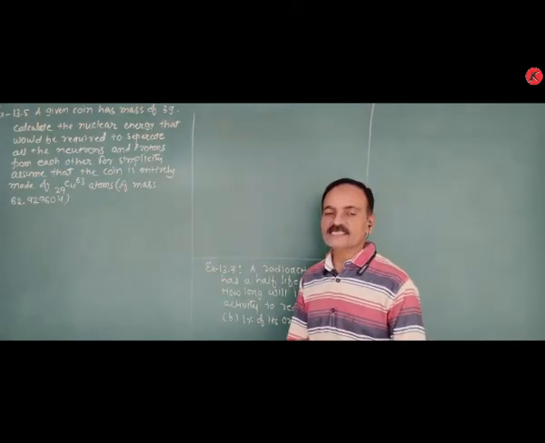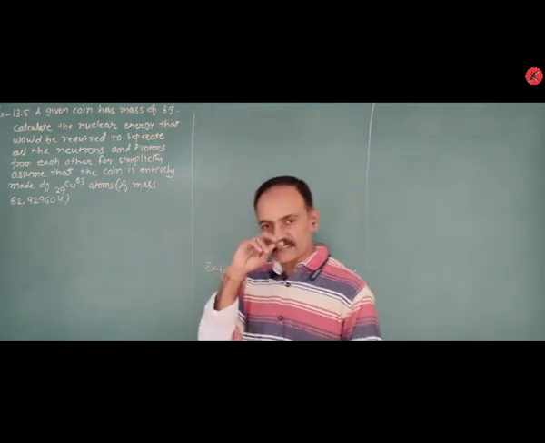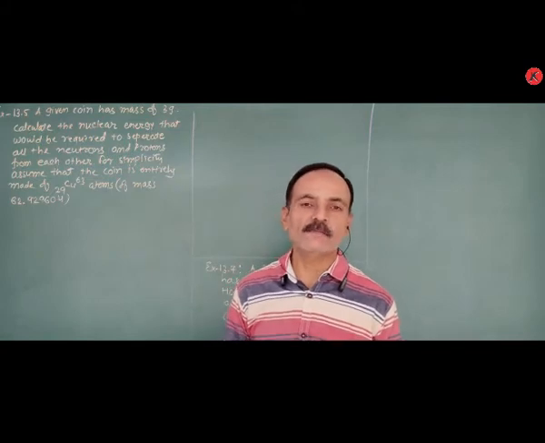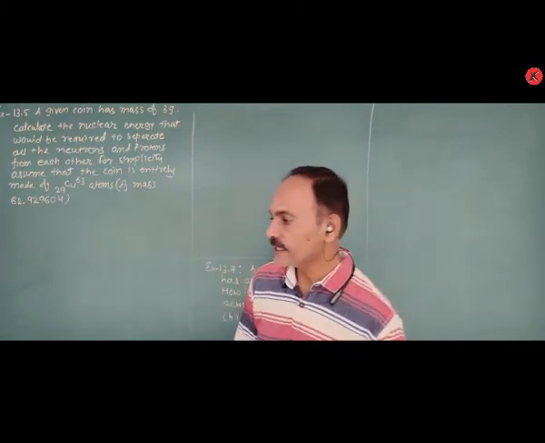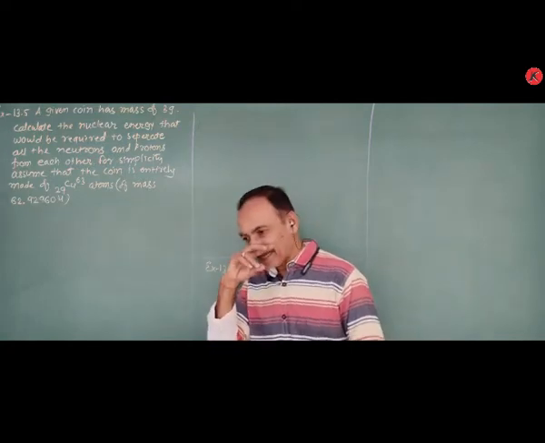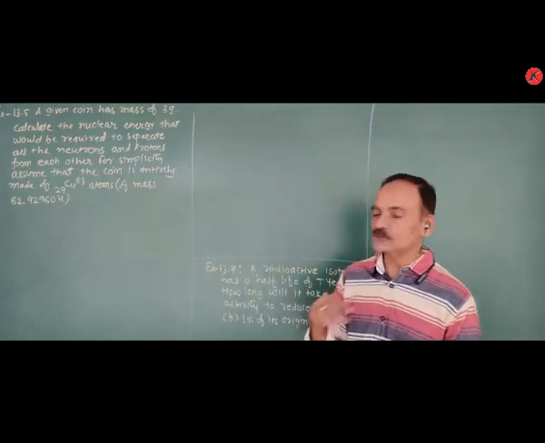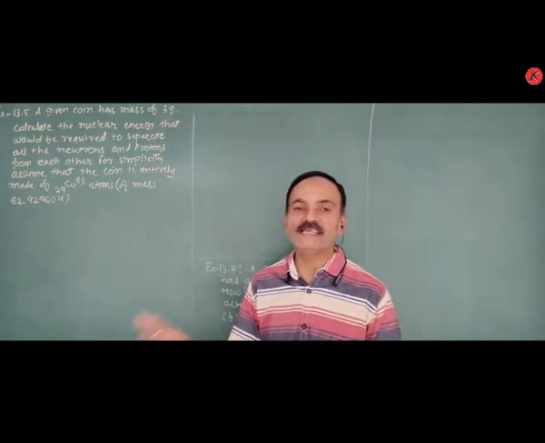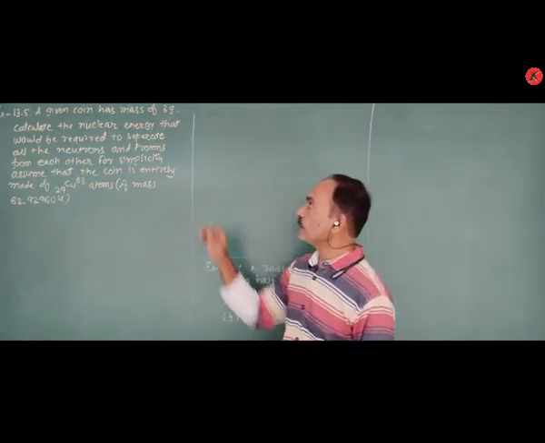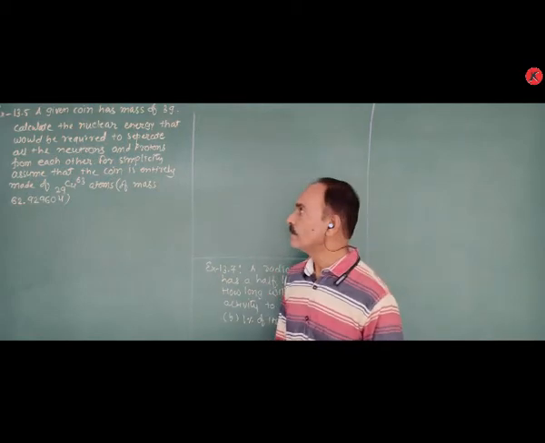Now, after the discussion of numerical of exercise 13.3 and 13.4, we calculate the binding energy of a given nucleus and also the binding energy per nucleon. Now, 13.5 is also the same numerical but quite different. Okay, now 13.5: a given coin has the mass of 3 gram.